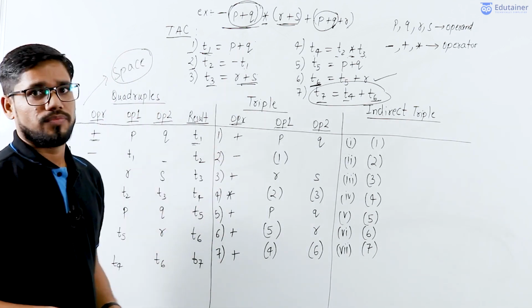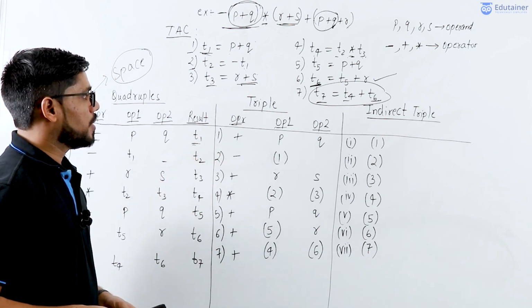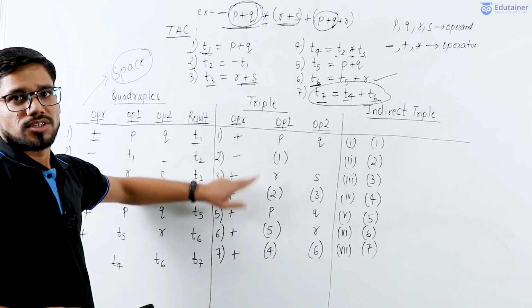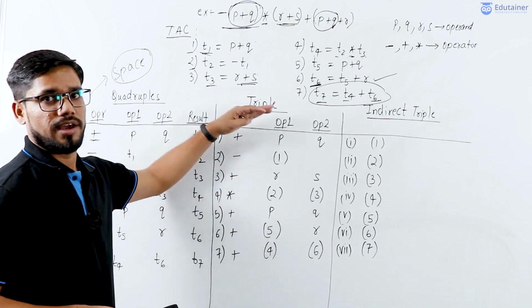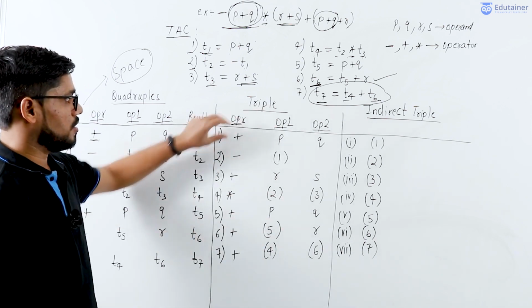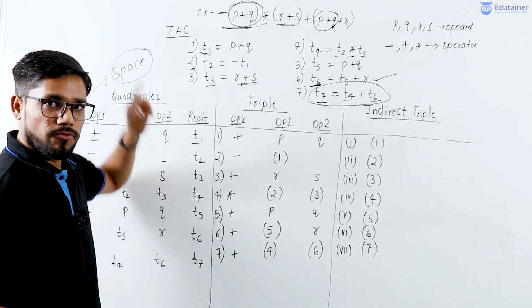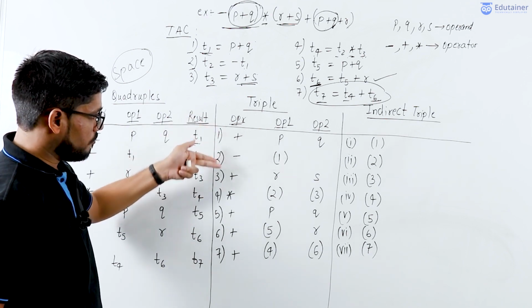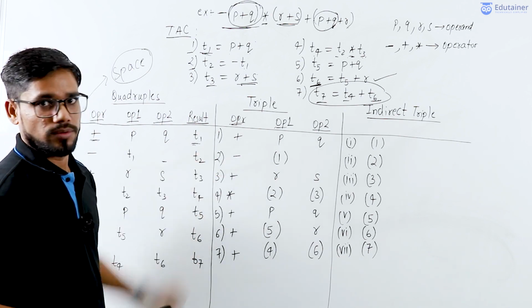So definitely here space is saved, but the disadvantage is that you cannot move the instructions. You cannot perform one instruction ahead of the instructions which are present earlier. Instruction 1 is performed first, then instruction 2, then instruction 3. So instructions will be carried out in sequential manner and cannot be moved around.